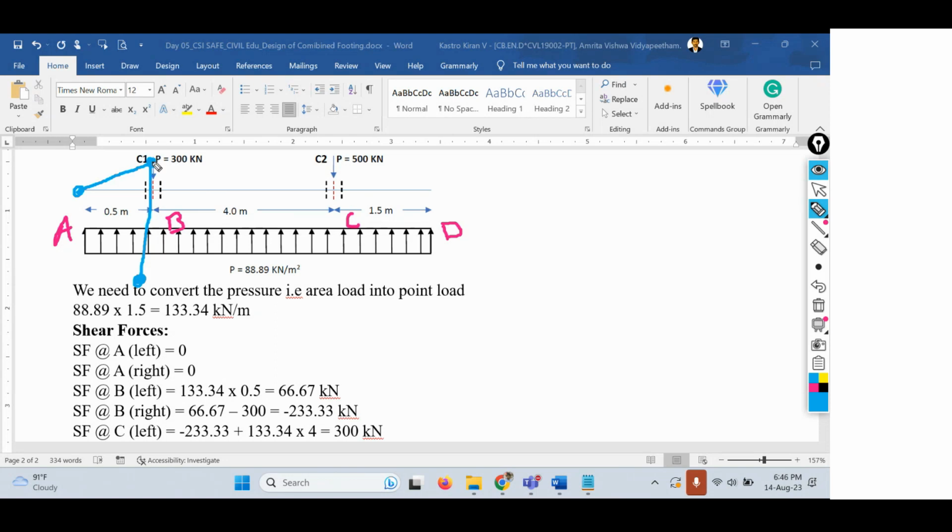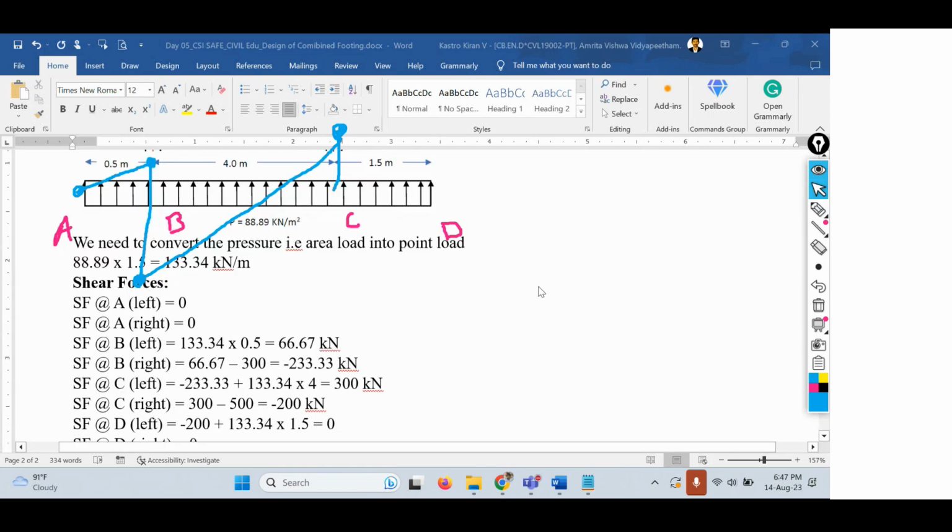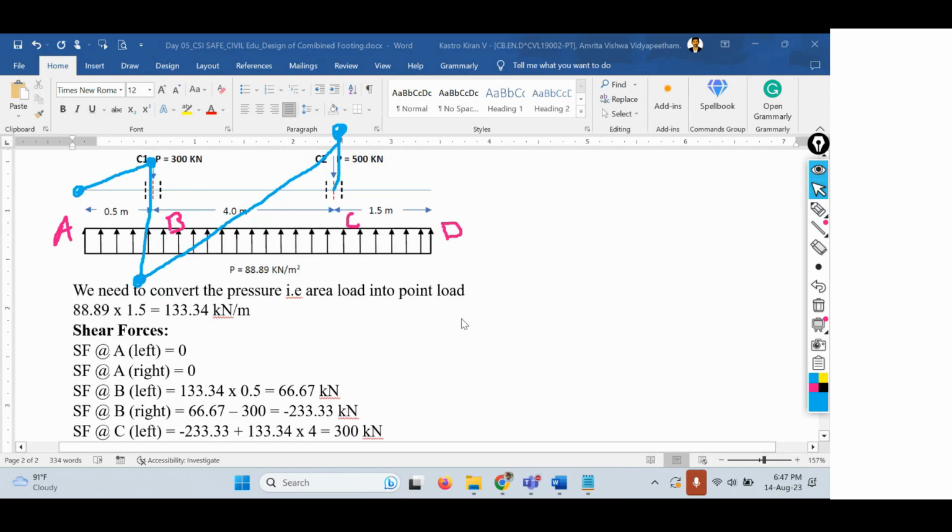So at B, we have one load which is positive, and another which is negative, right? And then the shear force at C along the left side is 300 kilonewtons. Let's say the 300 kilonewtons is somewhere here. Now we have to join these two points. That's the shear force at C along the left side, and along the right side it is minus 200.